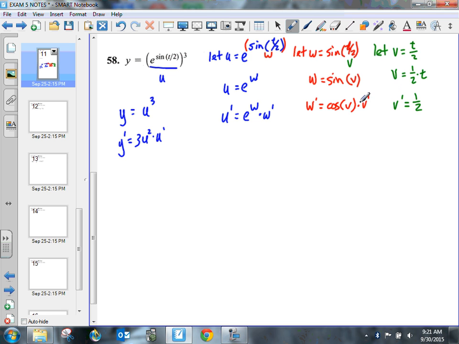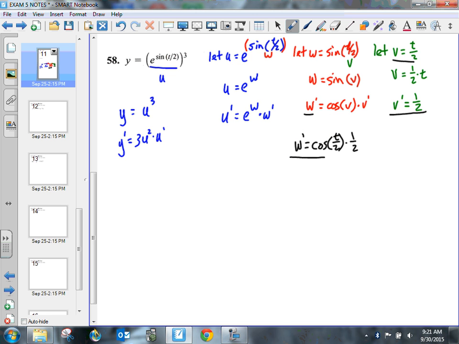So what I want to do is write w prime in terms of v and v prime. I have my values, and I'm going to substitute these values into w prime. So I'm going to write w prime like this, and that's cosine of t over 2 times 1/2. That's my w prime. Now what I want to do is write my u prime.